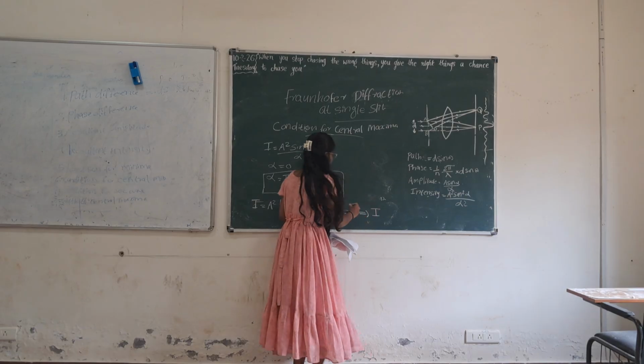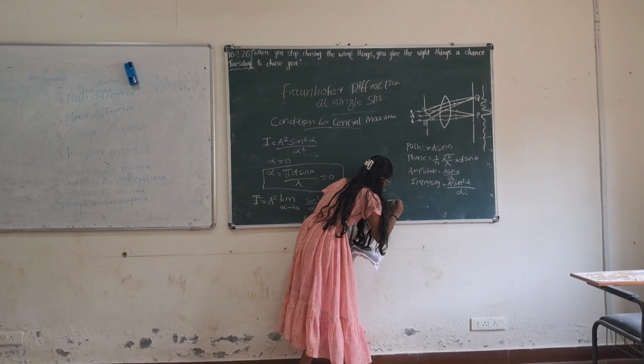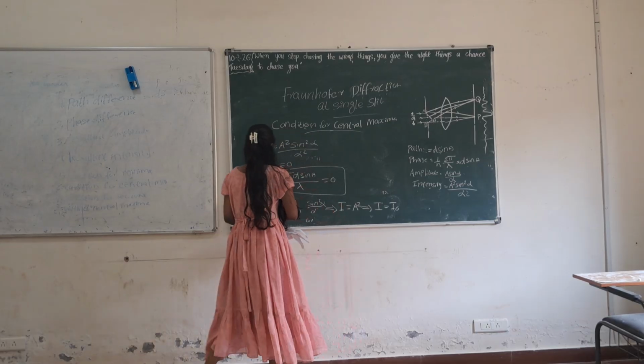We can denote A squared as I naught. So I is equal to I naught. This is the condition.